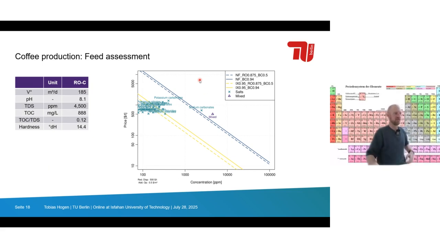We see the break-even curves for two processes, for nanofiltration and for ion exchanger. We don't have to read all of these. There are a lot of salts that can be formed. The important thing is that few of these are in our profitability area, which is on the right top of our charts. It's sodium carbonates and potassium carbonates, for example.